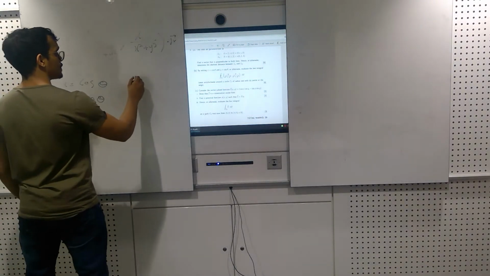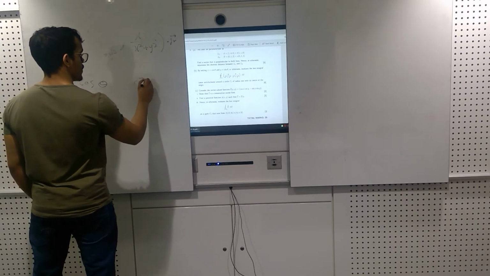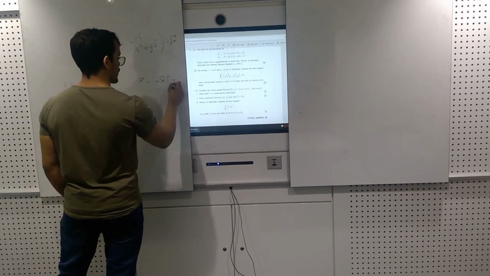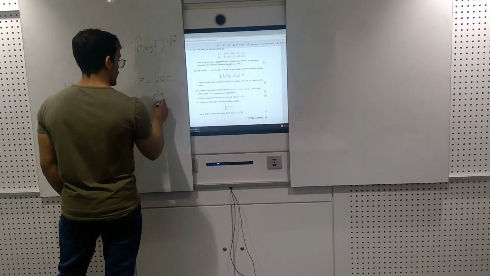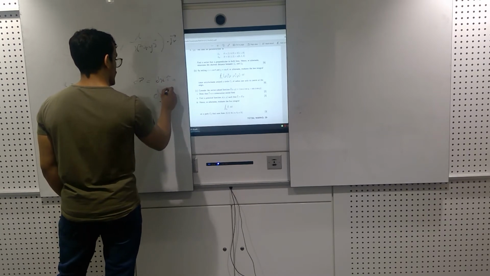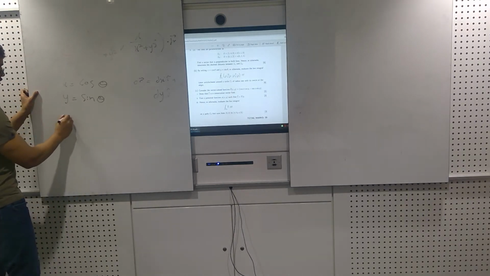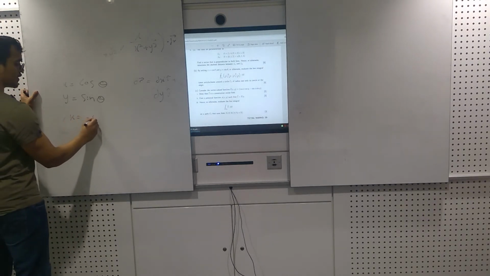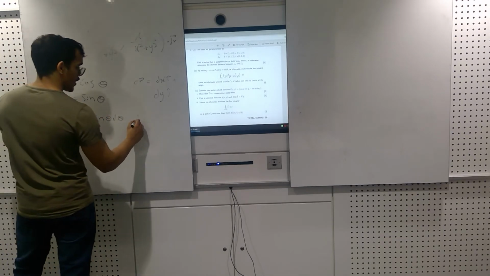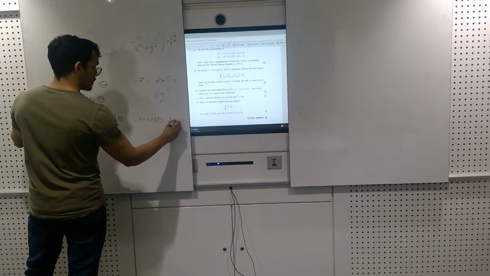And dr will be equal to dx in the i direction plus dy in the j direction. dx in this case will be equal to negative sine of theta d theta, and dy will be equal to cosine of theta d theta.